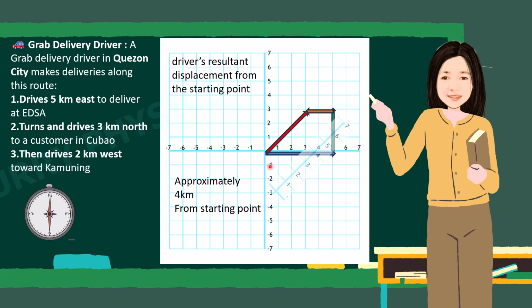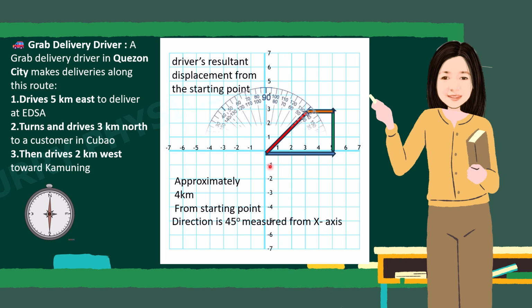Now, to get the direction, we use a protractor. Using a protractor, as you can see here, from the x-axis, the direction is about 45 degrees. So the resultant angle is 45 degrees from the x-axis, or 45 degrees from east.